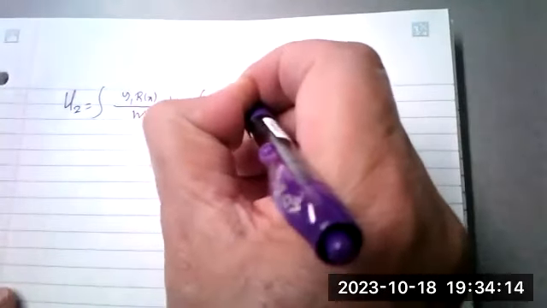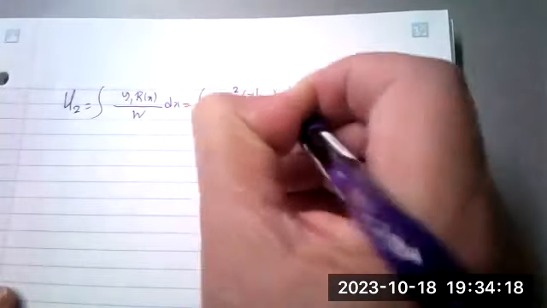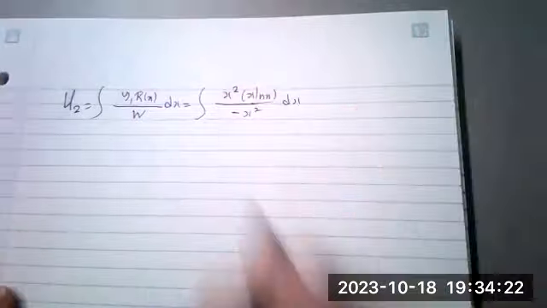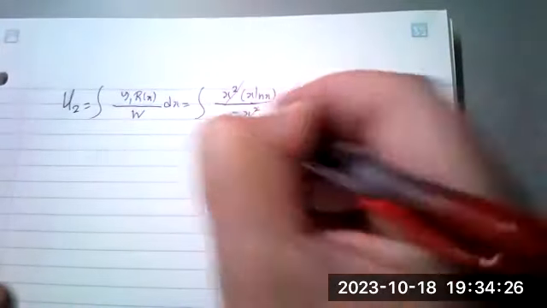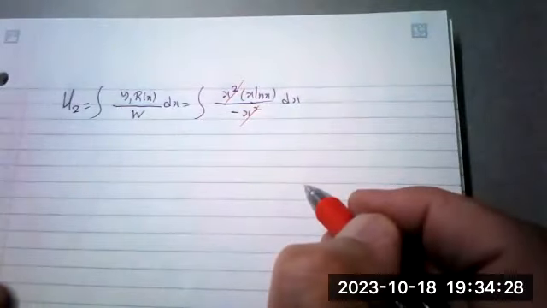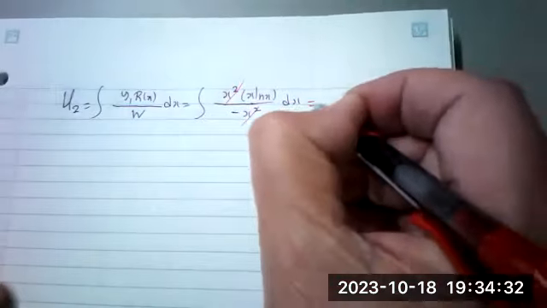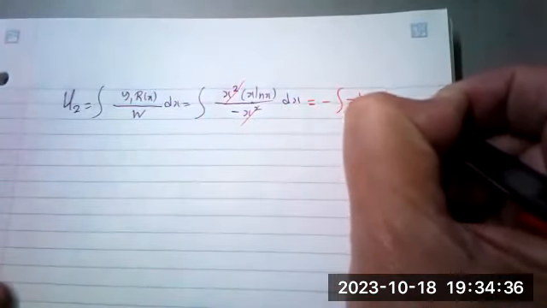Okay, y1 is x squared. R of x is x ln x again. And the bottom one is negative x squared dx. Now these two will cancel out. Now you have to do this one. You get negative integral of x ln x dx.